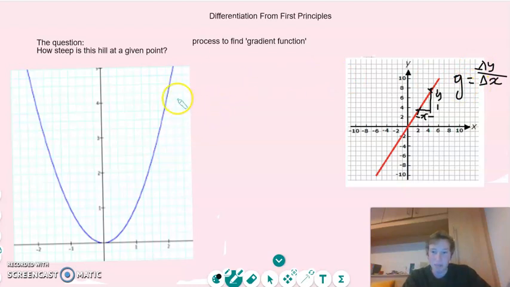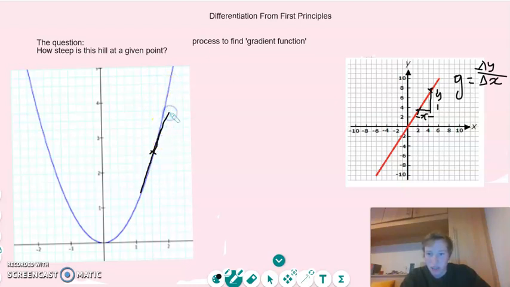Okay, now this is a bit awkward to apply to a curve. Normally in science, when you're told to do rate of reaction things, you'd draw a tangent. So let's say this is our point that we're looking at, and I'm going to draw a line that hopefully has the same gradient as the gradient of the curve at this point.